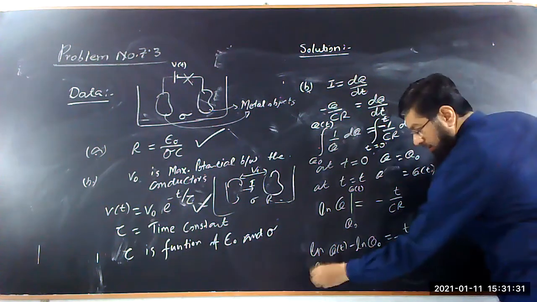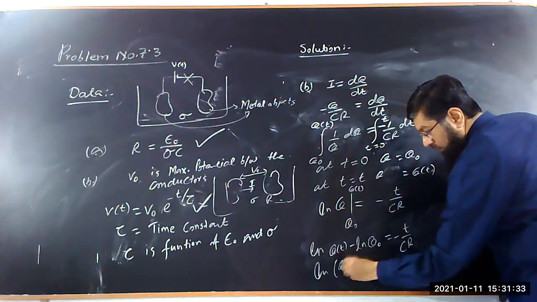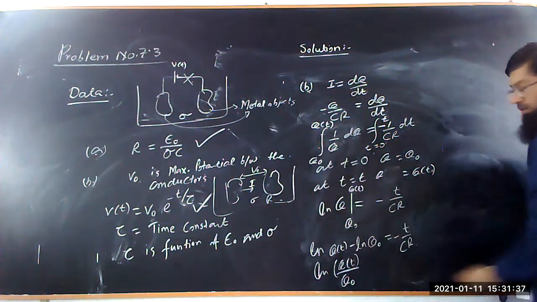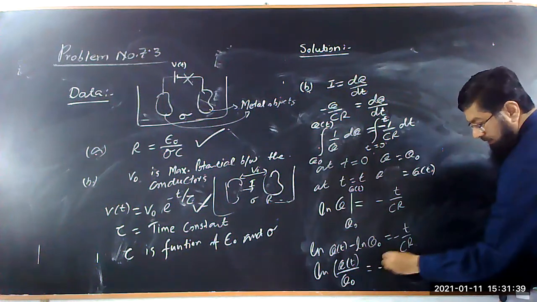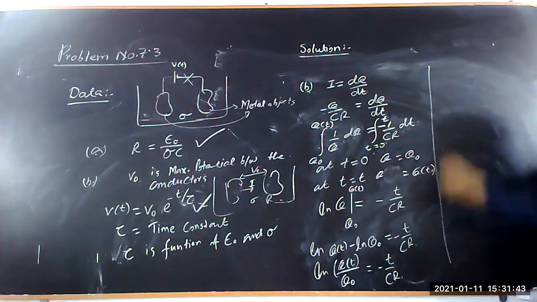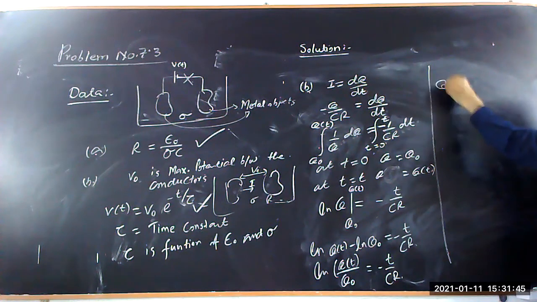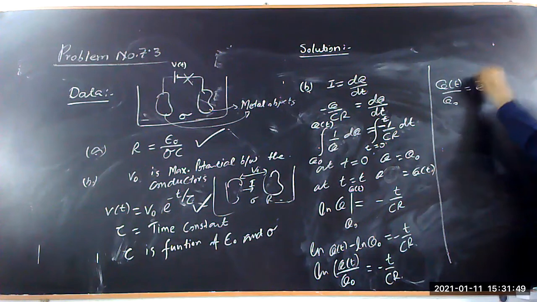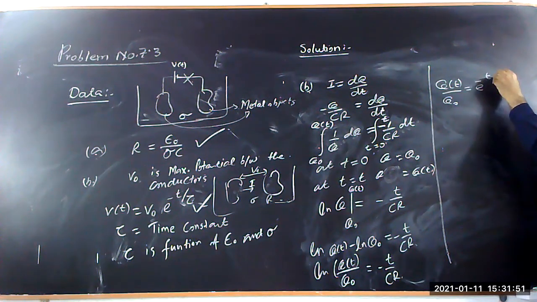So this is log of q of t upon q naught. Log a minus log b is equal to minus t upon CR. So here this can be rewritten as q of t upon q naught is equal to e raised to power minus t upon CR, yeah, RC.